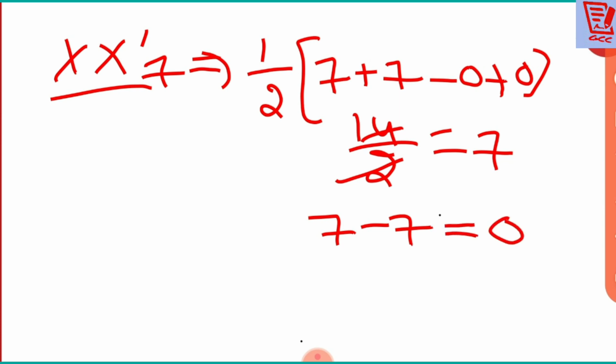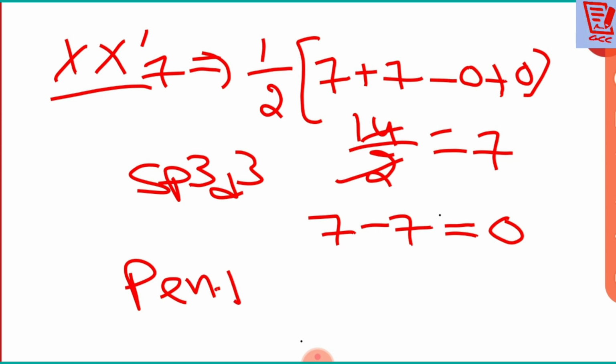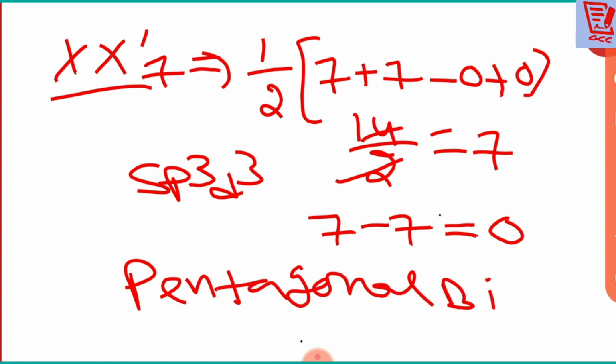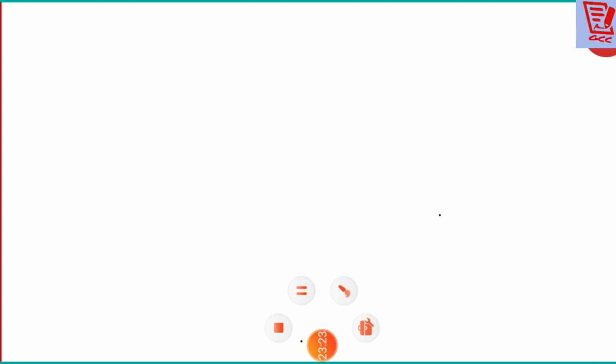There are 0 lone pairs and hybridization will be sp3d3. Clear? Now for X dash 7, usually geometry is pentagonal bipyramidal. I am going to draw the shape over there for X dash 7.